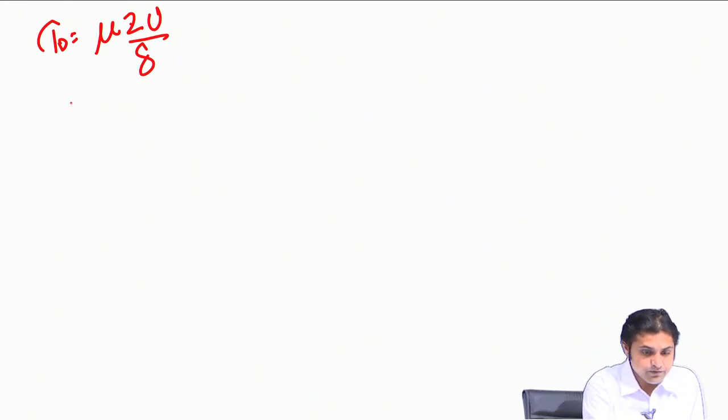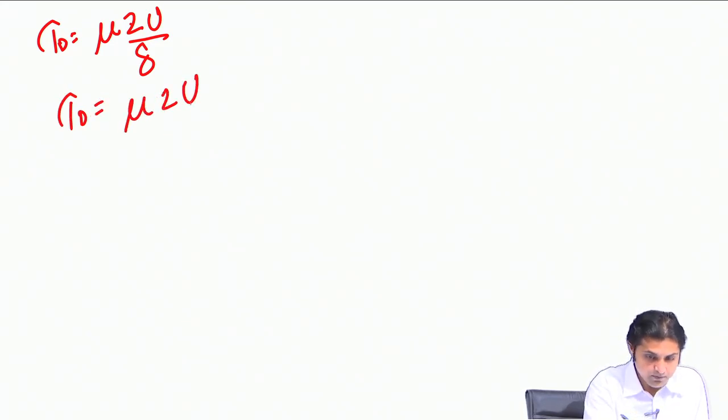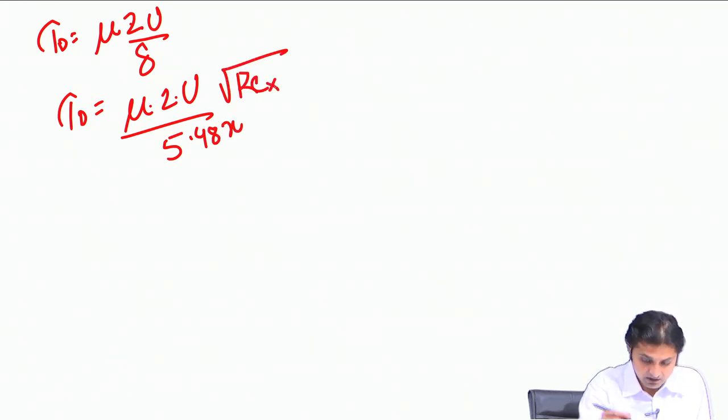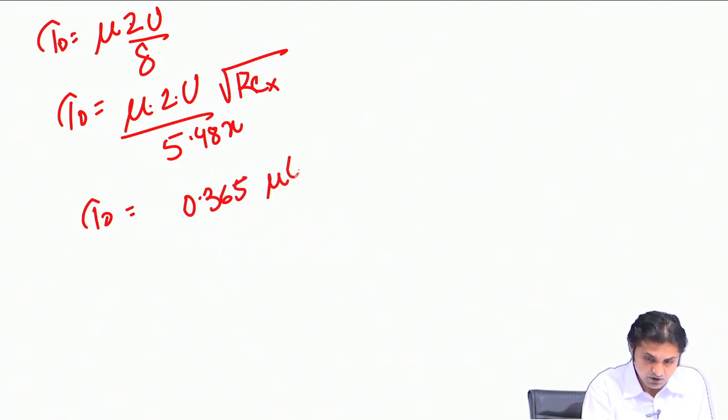So tau naught is mu 2 capital U, delta is 5.48x under root Re_x. So tau naught comes to be 0.365 mu capital U by x under root Re_x.